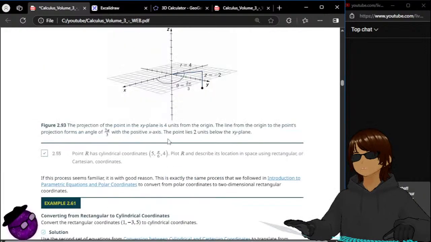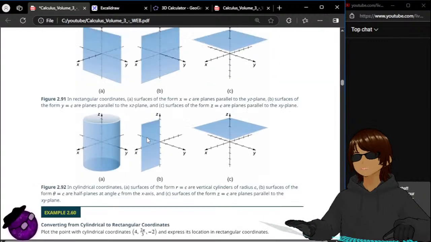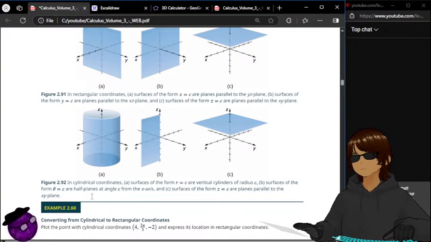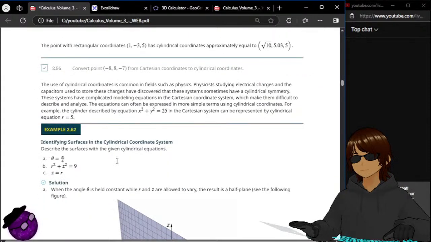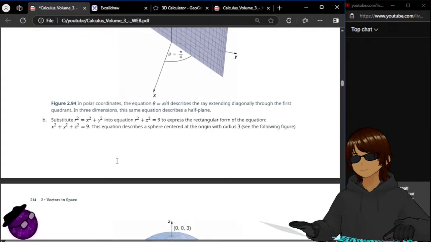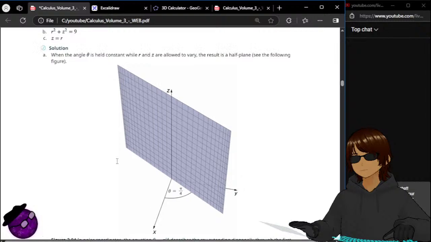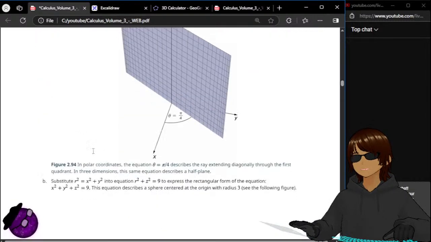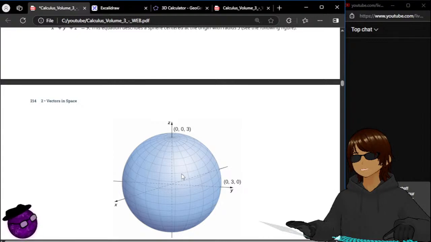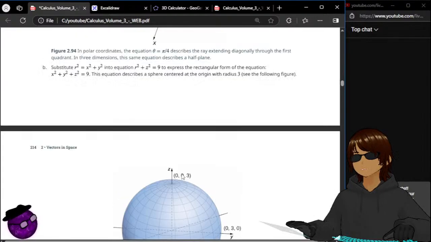Wait, why do they say half plane when r is allowed to be negative? I looked at the other answer. r squared plus z squared is equal to 9, which is basically... wait, hold on.